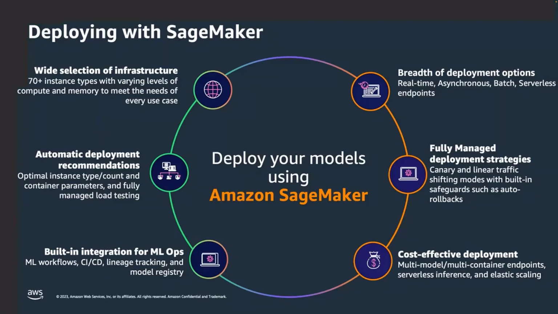If you have other models, you can put all of those models in a single endpoint and then call each of those models in turn for your needs. And that way you can amortize the cost of that endpoint across your various models. Choosing the right deployment option along with capabilities within these allows you to choose the most performant and cost-effective deployment for your use cases.